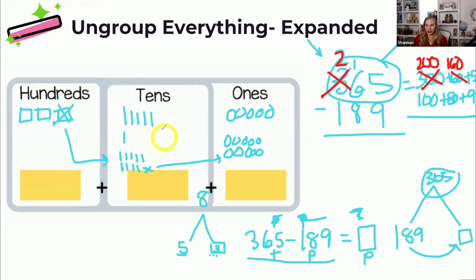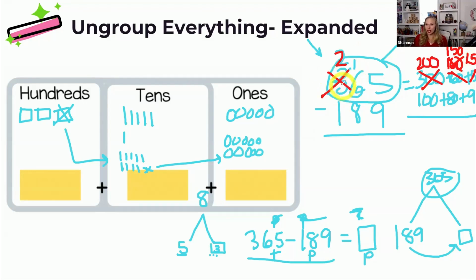Look, I have 160 right here. Then I ungrouped the 160 because I ungrouped one of those 10s. And instead of 16, now I have 15 tens because I gave that 10 over to my ones. I don't have 5 ones. I have 15 ones. I can do the same here.